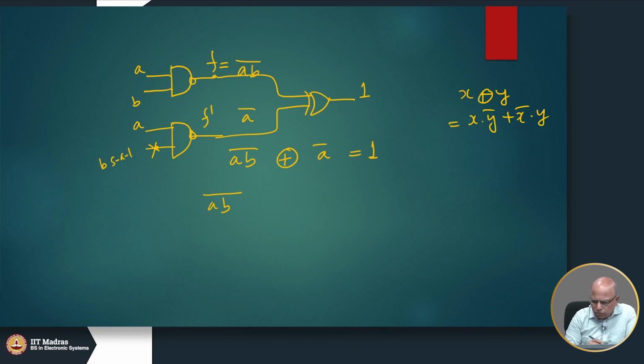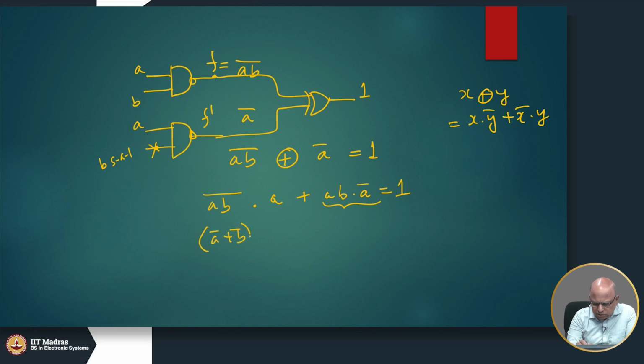So, we have AB whole bar dot A bar whole bar is A plus AB whole bar is AB dot A bar. So, this should be equal to 1. Okay. So, this becomes 0, okay, and this becomes A bar plus B bar.